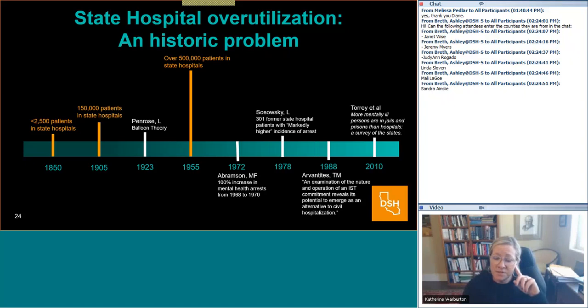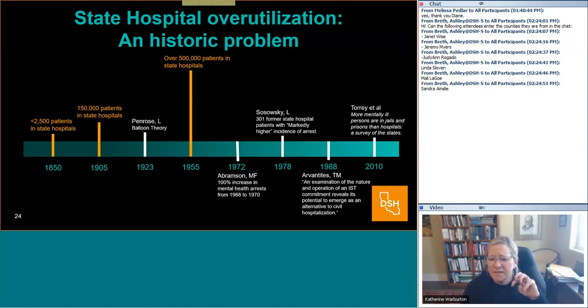It's one of those interesting situations where all lawmakers seem to agree, whether fiscally conservative people not wanting to bear the expense of refitting asylums to accommodate the 500,000 people in them, or more civil libertarian-oriented lawmakers wanting to have people treated in the community. Everyone sort of agreed that deinstitutionalization was a good thing, but unfortunately deinstitutionalization was not resourced appropriately in terms of building out the community resources.